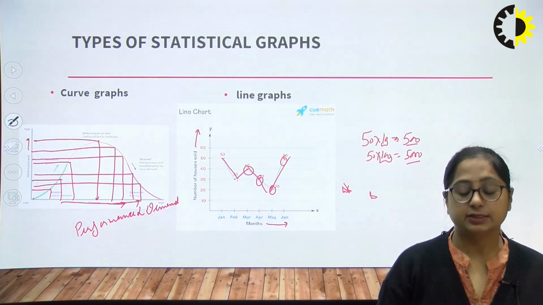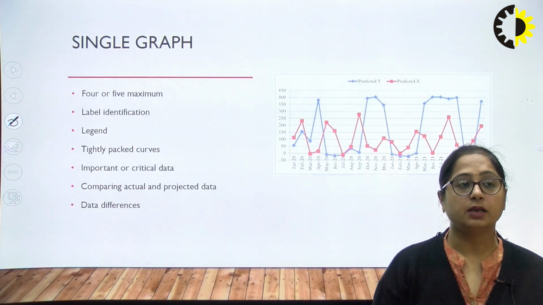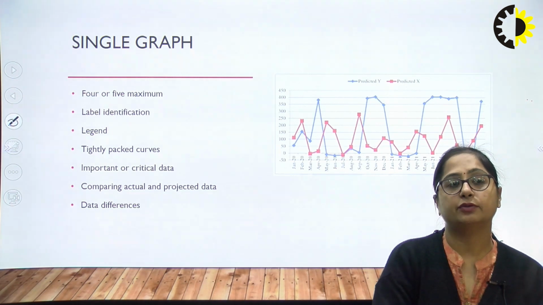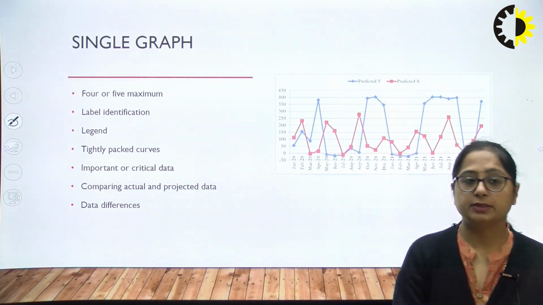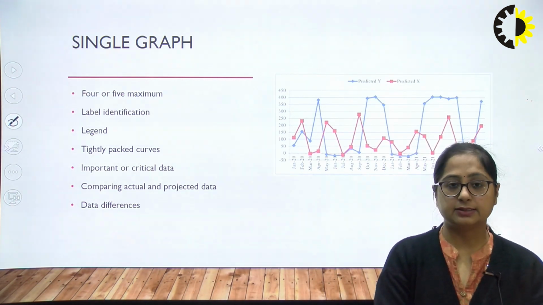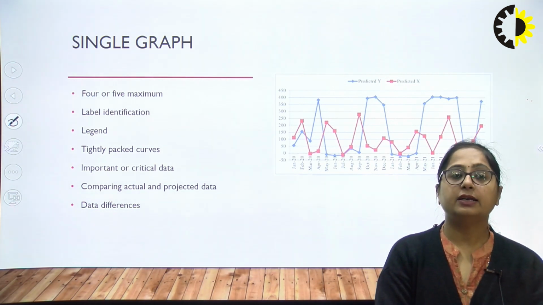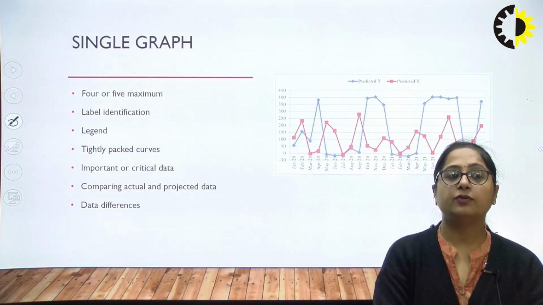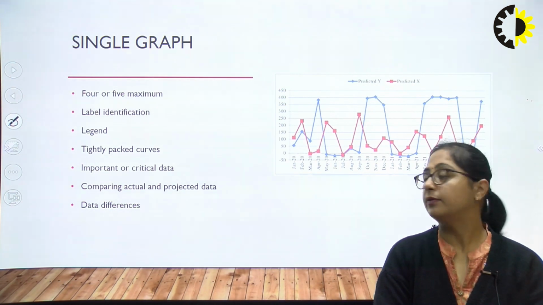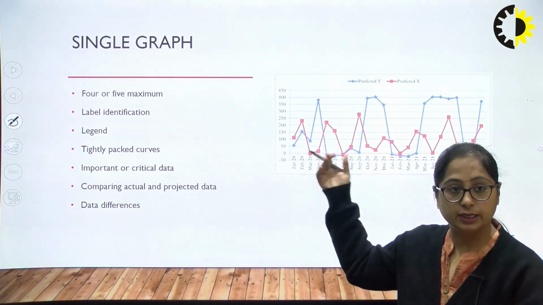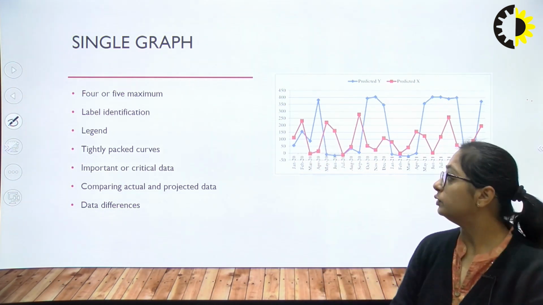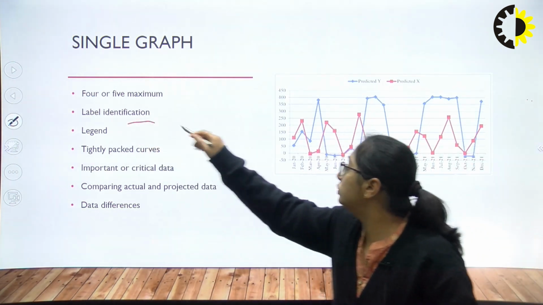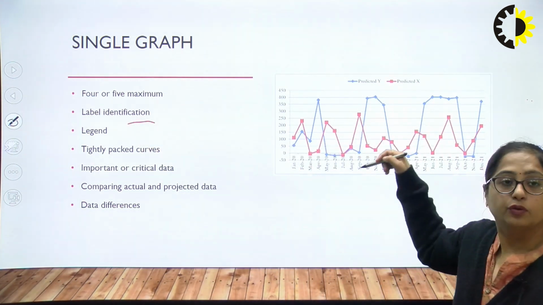Hopefully you understand deeply. So let's look at the single graph. A single graph has two axes, the x-axis and the y-axis. In one graph, you will put 4 or 5 values maximum. This graph is used for label identification. Suppose you have drawn 4 to 5 lines.